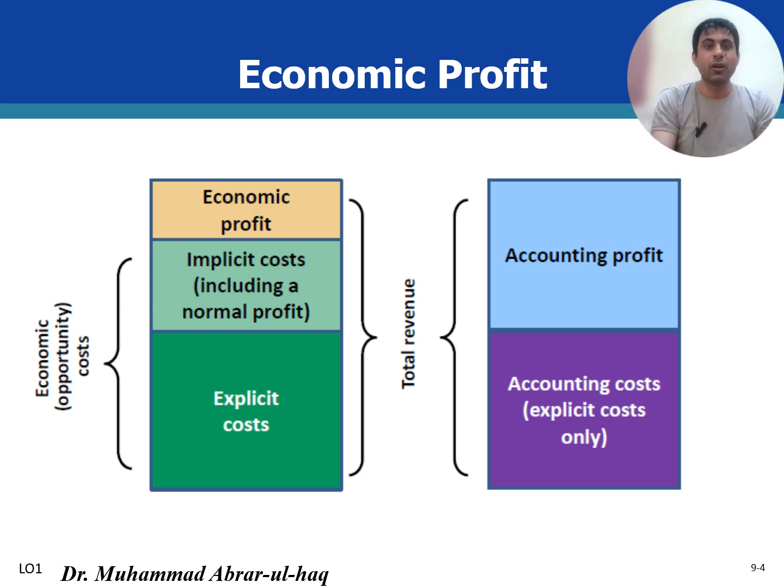Therefore, while a business may show a positive accounting profit, it might still have a negative economic profit if the implicit cost and the normal profit exceed the accounting profit. So that's why we have to understand this concept, and economists assess the true profitability and efficiency of resource allocation within the firm.